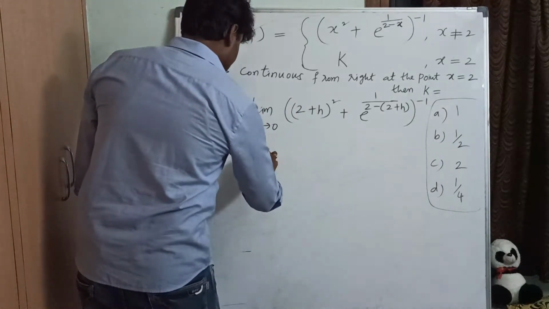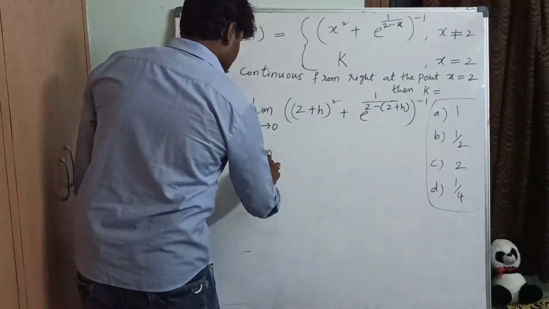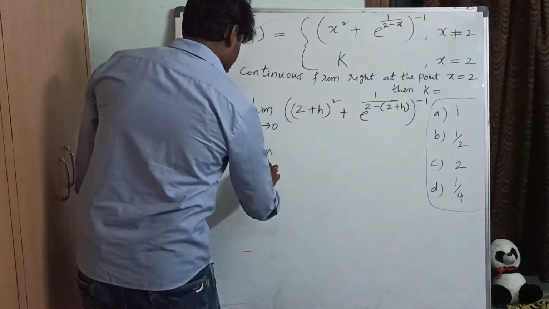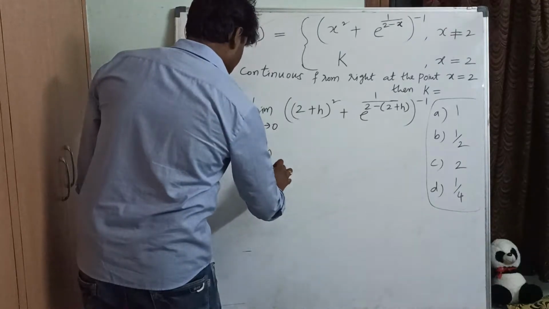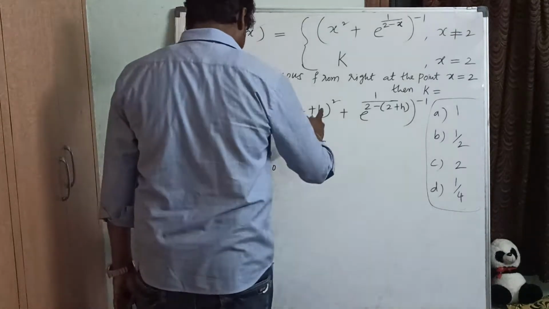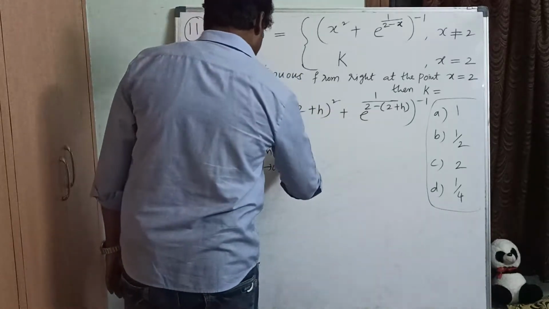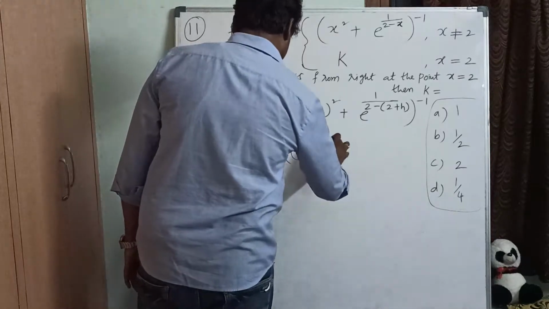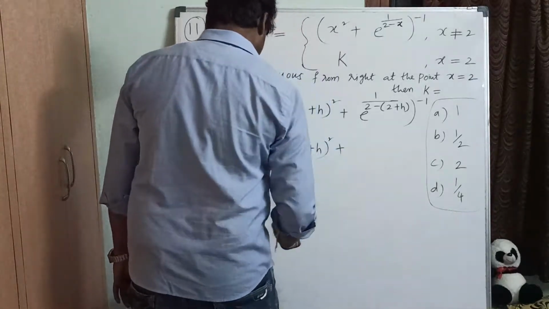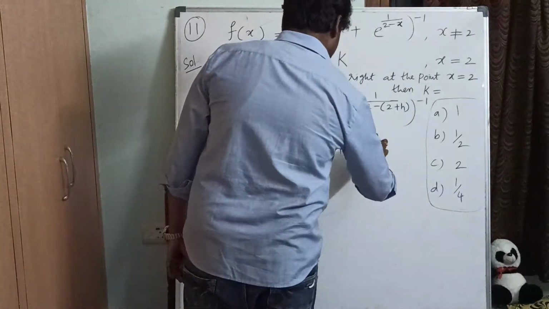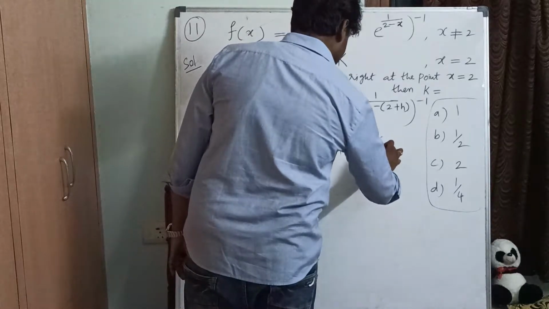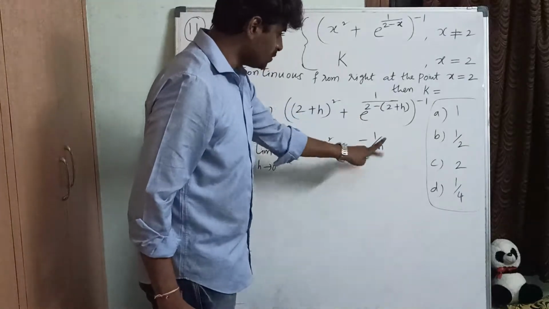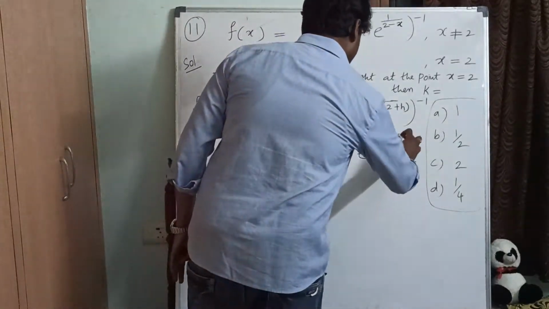So now limit h tends to 0. So this will be 2 plus h whole square plus e power 1 by h, because 2 minus 2 is 0, here minus h. So minus 1 by h, whole power minus 1.